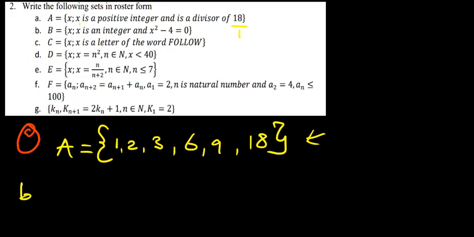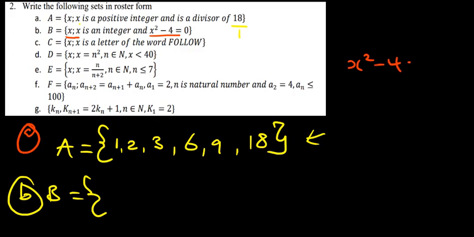Let's go to set B. Okay, so set B, by description, they're saying a set of all x's such that x is an integer and x squared minus 4 is equal to 0. Okay, so for us to find the values that will be in this set, we just have to find the solution to this equation that we've been given. So the equation is x squared minus 4 is equal to 0.